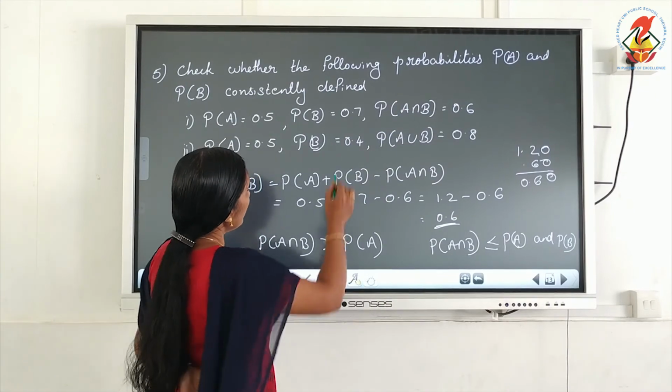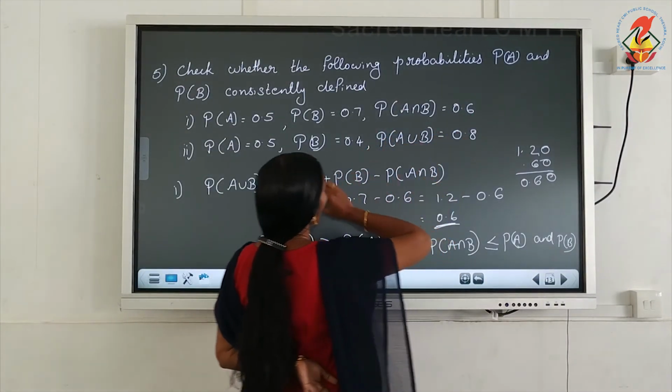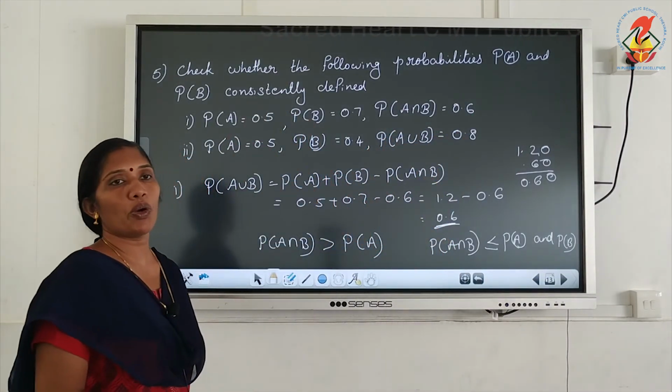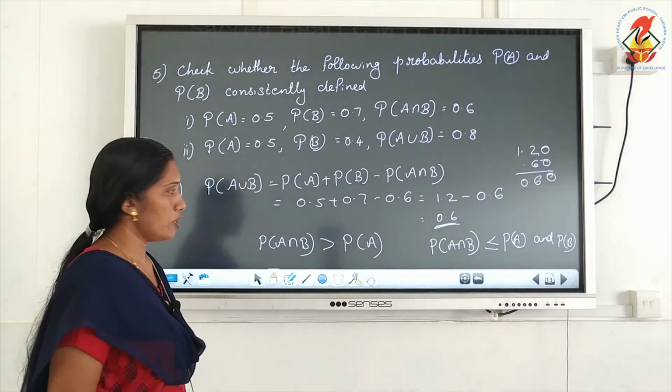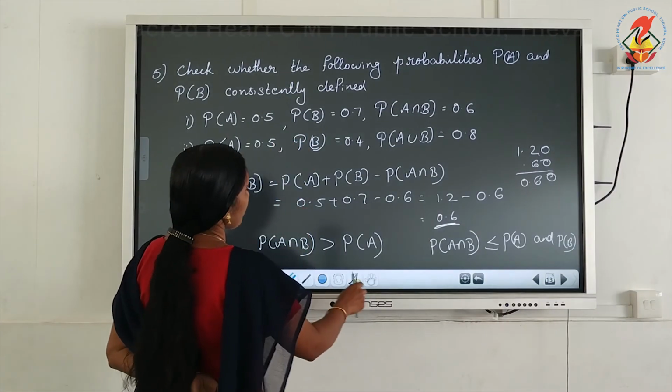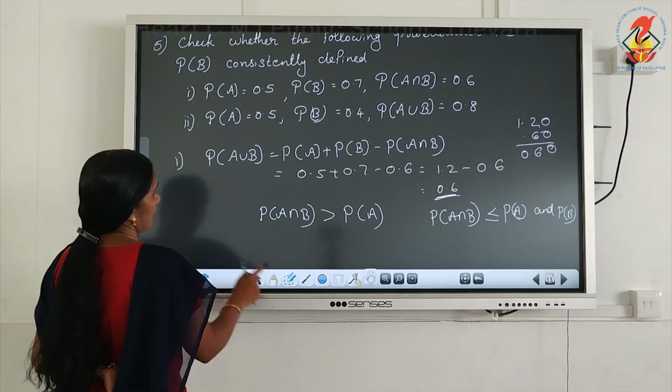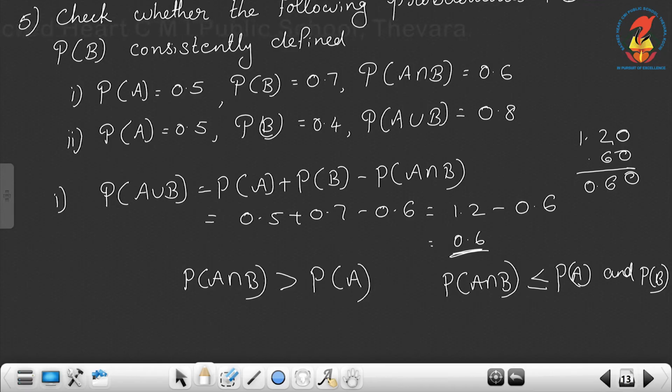Here it is given A intersection B is 0.6 but P of A is 0.5. That is not possible. So the first case is not consistently defined.